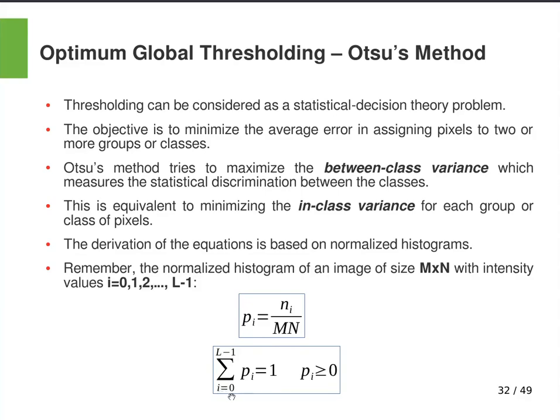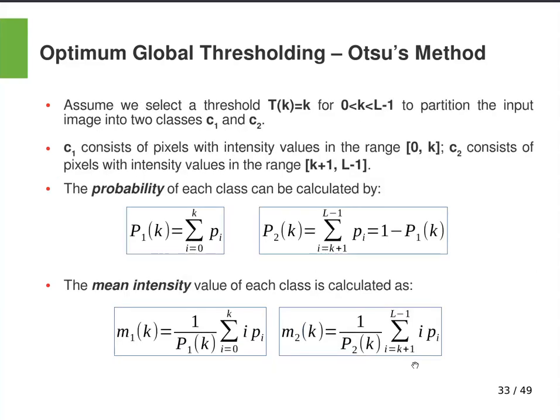And we know that the summation of all these probability values for all of the intensities adds up to 1. Now let's see how Otsu's method uses the normalized histogram to find an optimal threshold. Let's assume we select the threshold T(k) equals k. This threshold is something between 0 and L minus 1, and it's used to partition the image into two classes, C1 and C2.